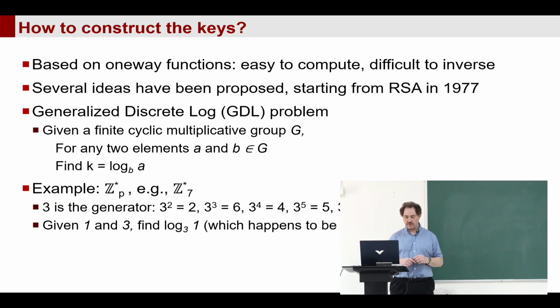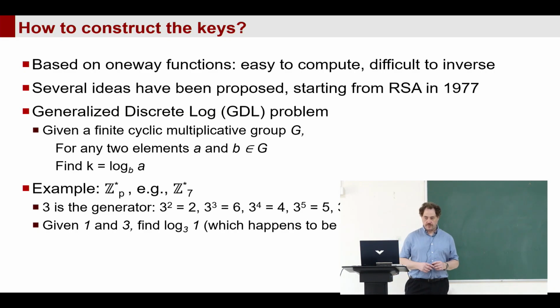It's hard to invert the function. Several ideas have been proposed regarding which one-way function to use. The first idea was the RSA function proposed in 1977. Today, most of the ideas are based on the problem called the generalized discrete log problem.